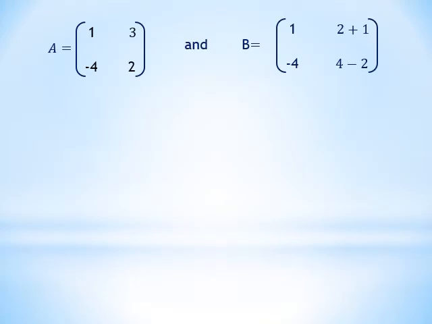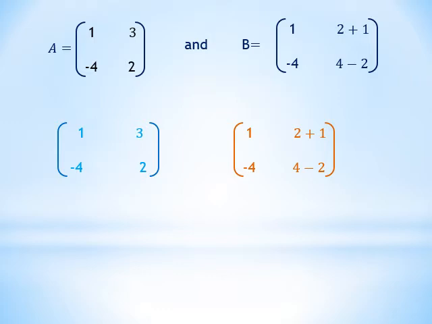Now we check the second condition: their corresponding entries are equal or not. Now what is meant by corresponding entry? Just assume these two matrices. First matrix A, I write it in blue color, and the matrix B, I write it in brown color.